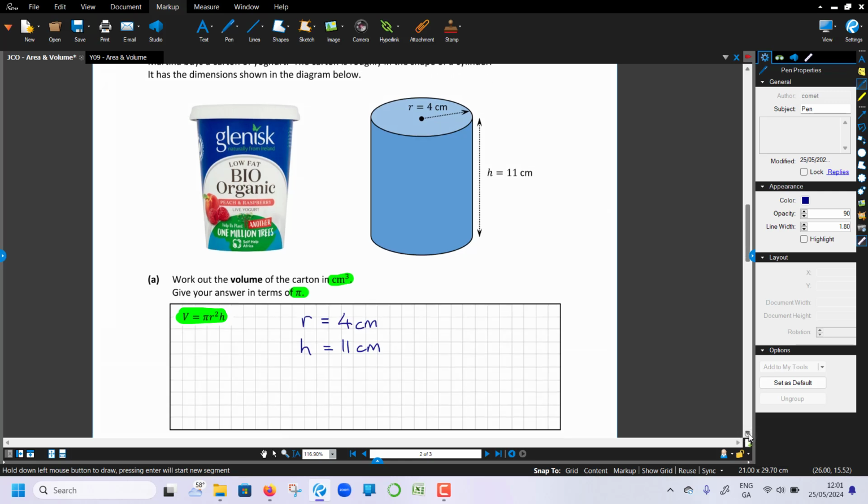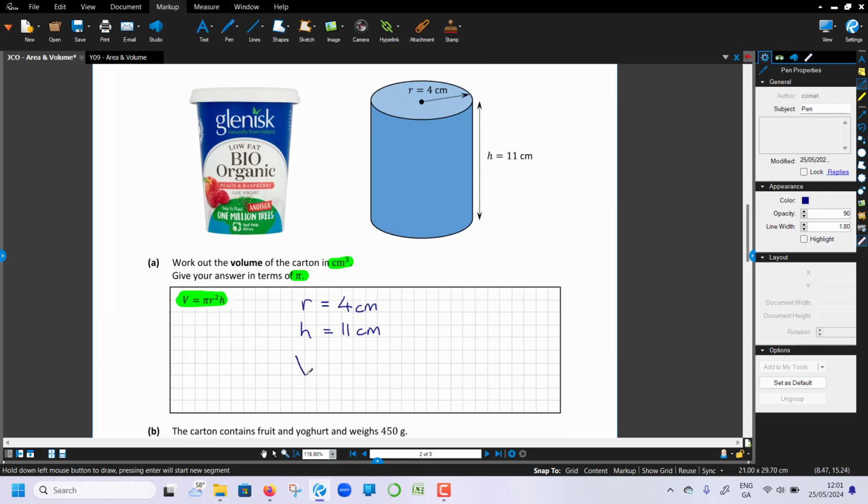And we just stick them into our formula. So V, volume, equals pi R squared H. So I'm just going to rewrite the formula. That equals pi, R is 4, and we're going to square that, and H is 11. Now they want their answer in terms of pi, so you don't multiply pi in.